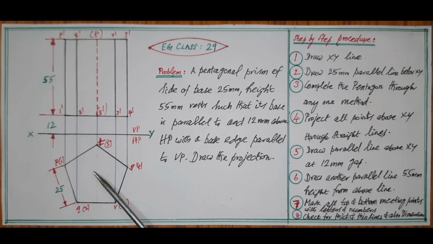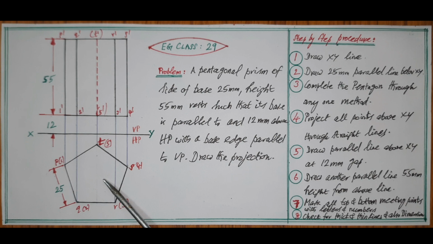Now, the problem should be understood first. That is, pentagonal prism base is parallel to HP, that is horizontal plane, is given. Hence, the true dimensional view can be drawn only on HP. Also, the base edge is parallel to VP.